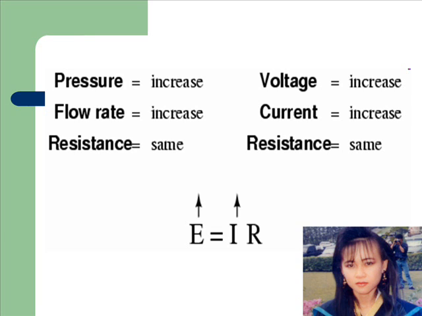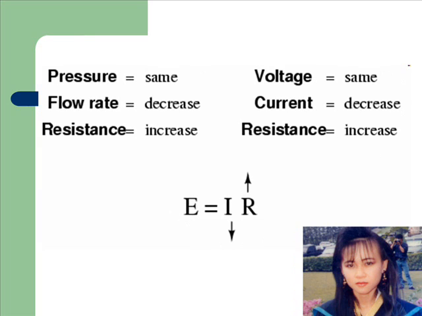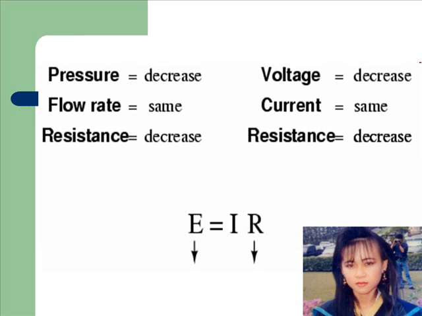If the resistance to water flow stays the same and the pump pressure increases, the flow rate must also increase. If the pressure stays the same and the resistance increases, making it more difficult for the water to flow, then the flow rate must decrease.